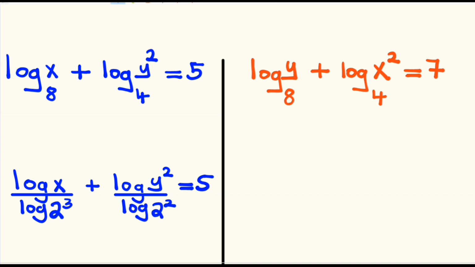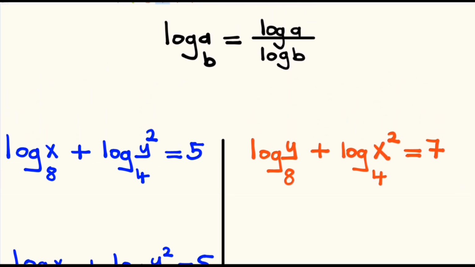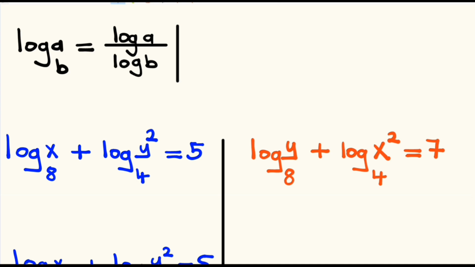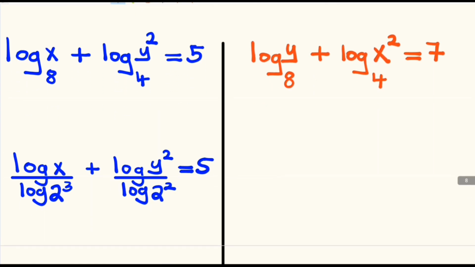We have another logarithmic law that states that the log of a raised to the power b is equal to b multiplied by log a, so that b, which was the exponent of the a, will become the coefficient of the log a.